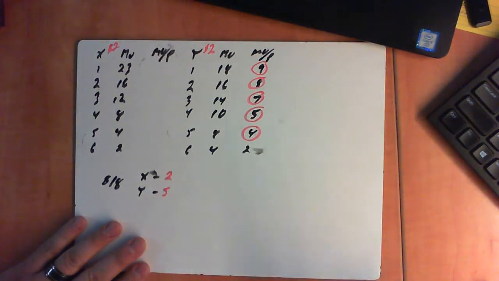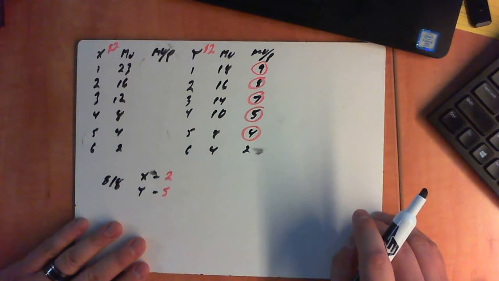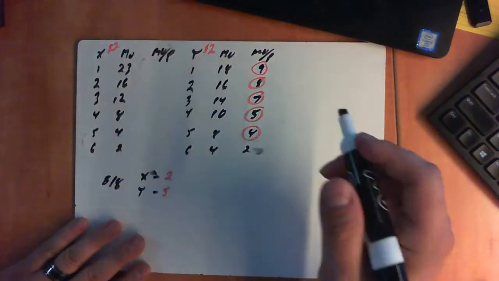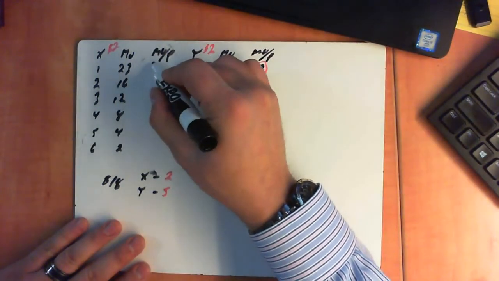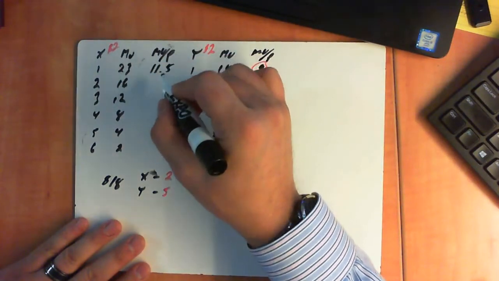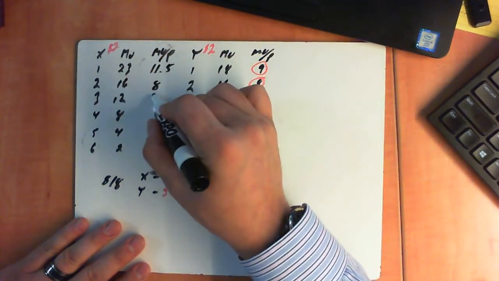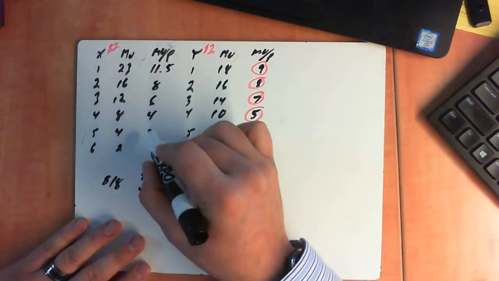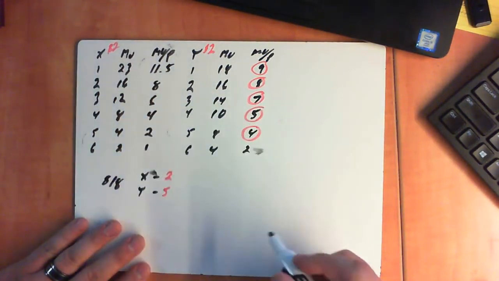So the new marginal utility by price for X is here: 11, 8, 6, 4, 2, and 1.